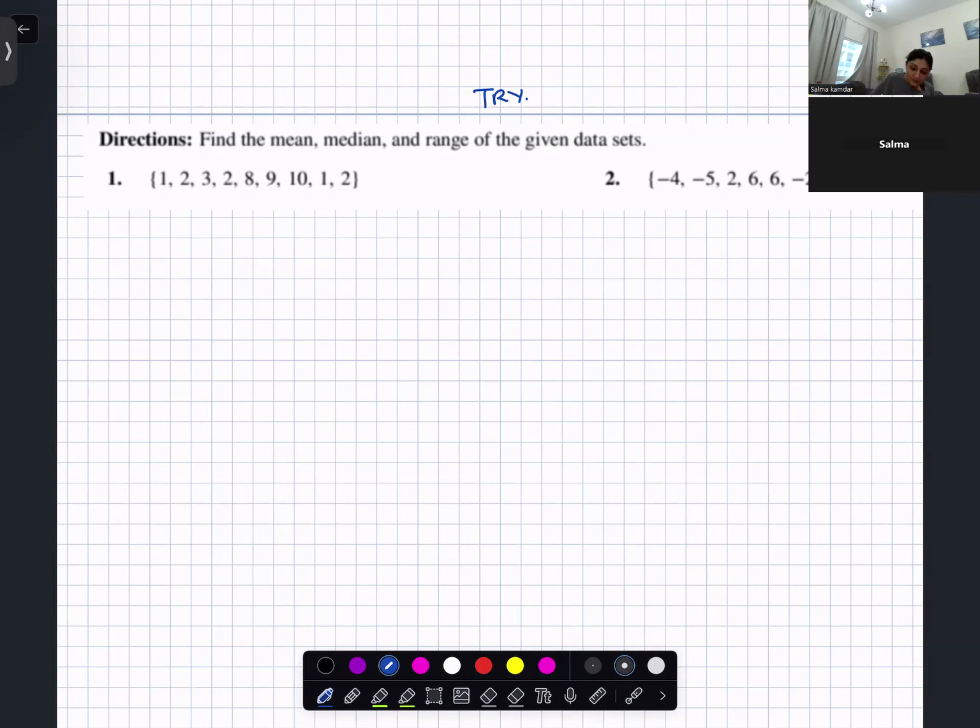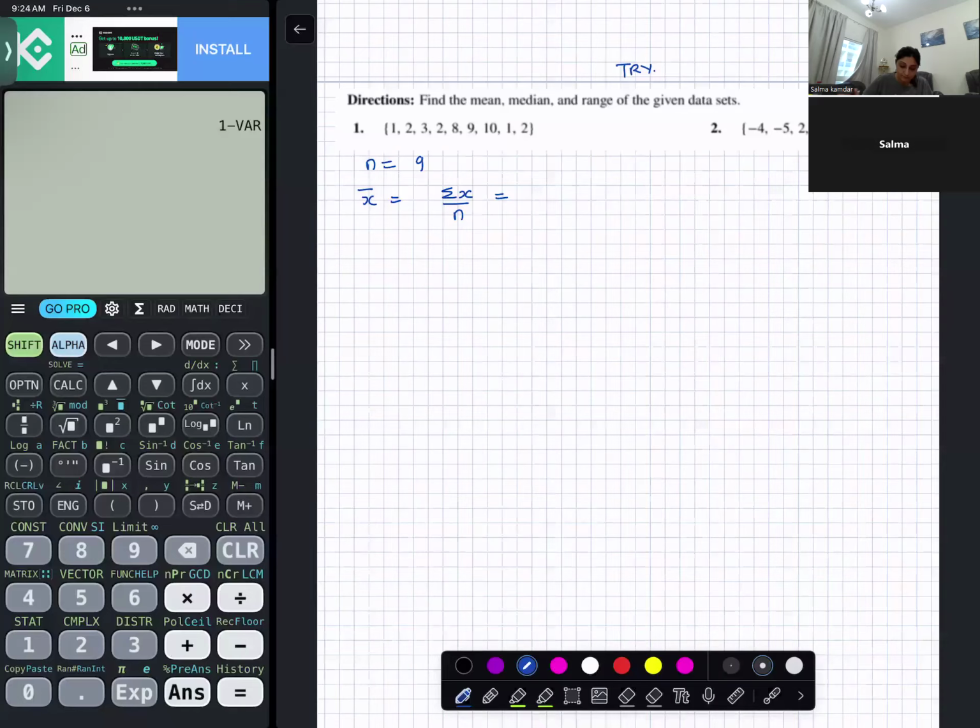When I say mean of x, it would be the sum of all observations upon the number of observations. So let's do it on the calculator. My number of observations is 9, and this is an odd number. Let's talk about the mean.